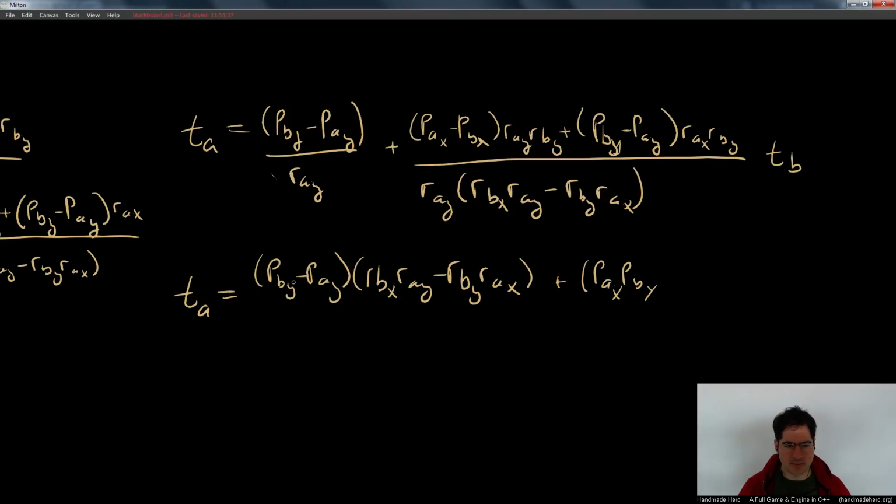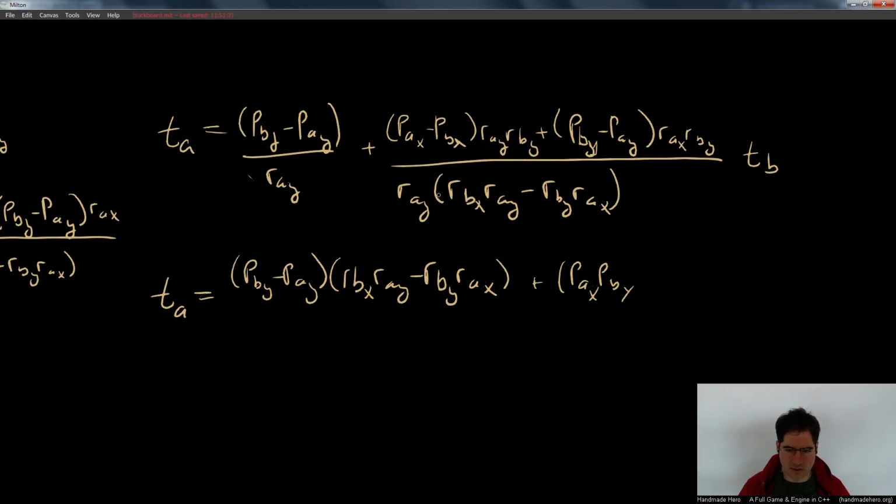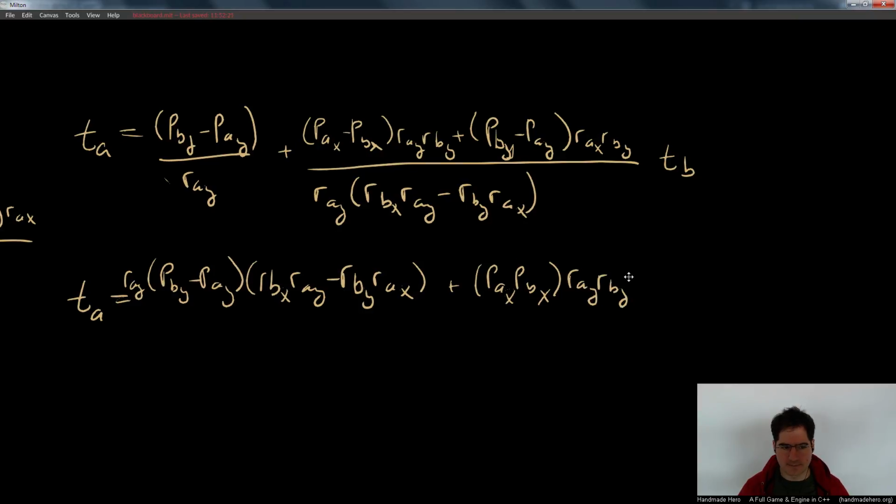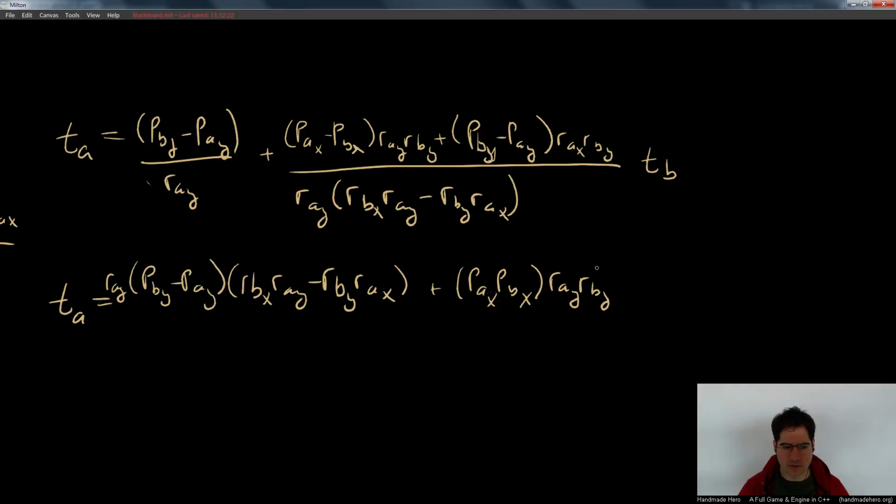So I've got PBY minus PAY here. I'm adding, and that multiplies through by this term. We've got to have the RAY in there, so that's also RAY at the head end of it, off by itself. So we've got RAY, that whole situation. Then we've got PAX, PBX times RAY, RBY. Oh no, that's not true.